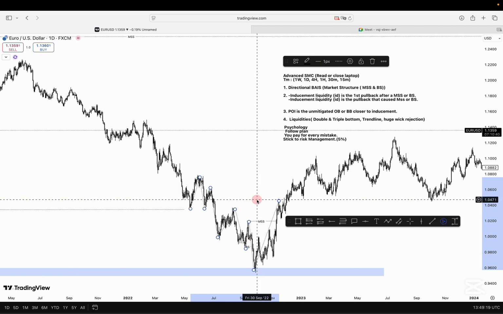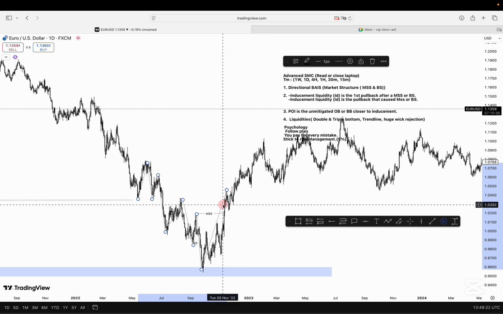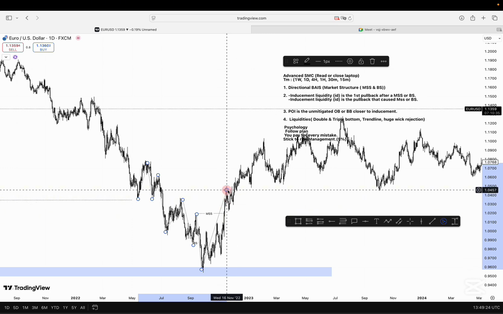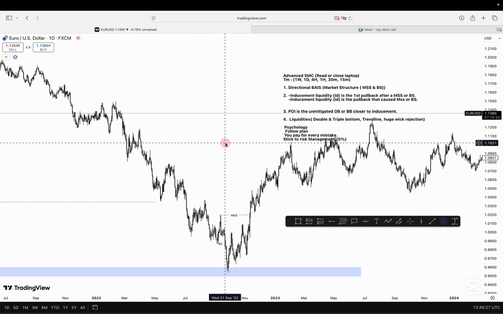So there is no need to look for sells again. We've shifted structure.